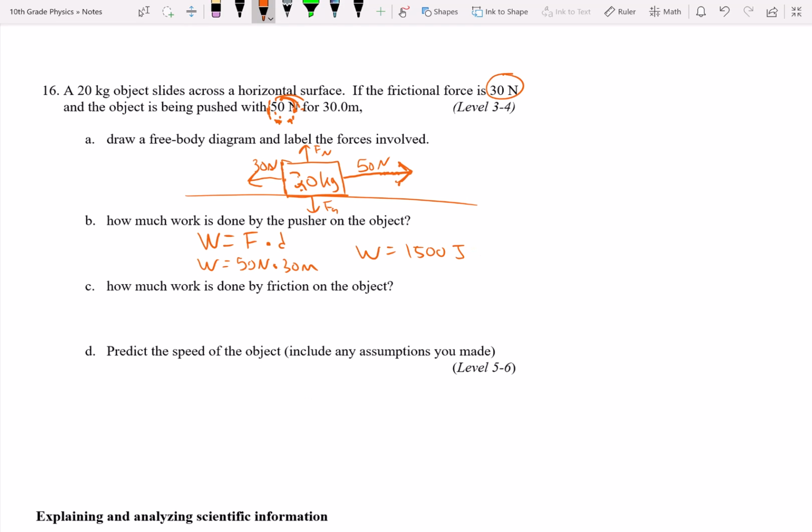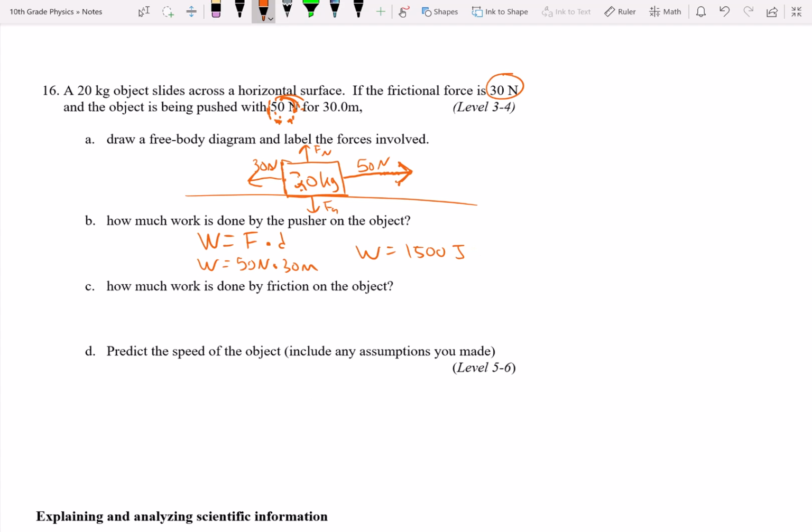And you might say, hey, but remember when you said that work is force, displacement, and also cause? The force has to cause the displacement. And so this 50 did cause this displacement, but there's also this friction that's pushing against us. So not all of this work went towards displacement, right? Well, let's talk about that in a second.